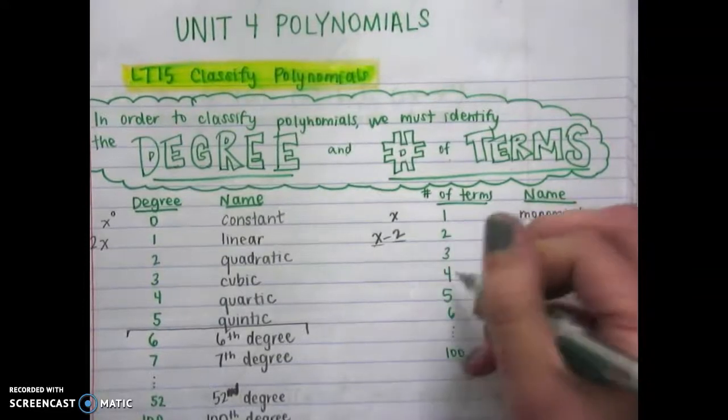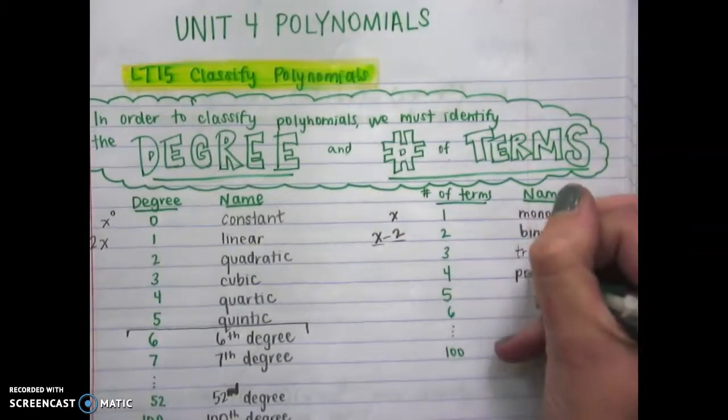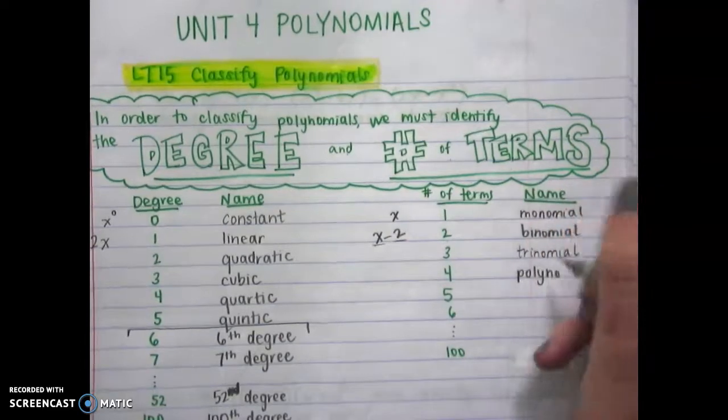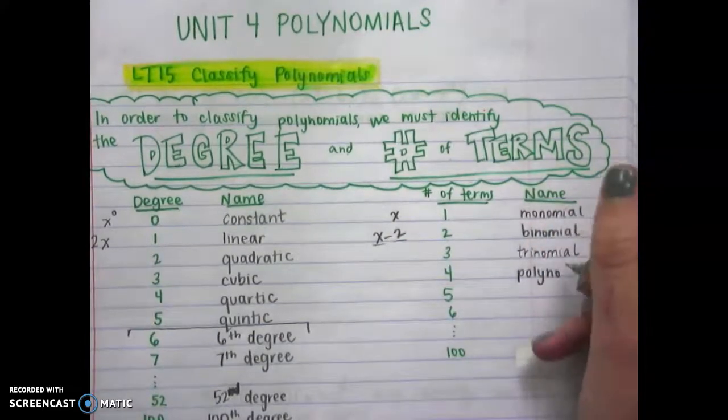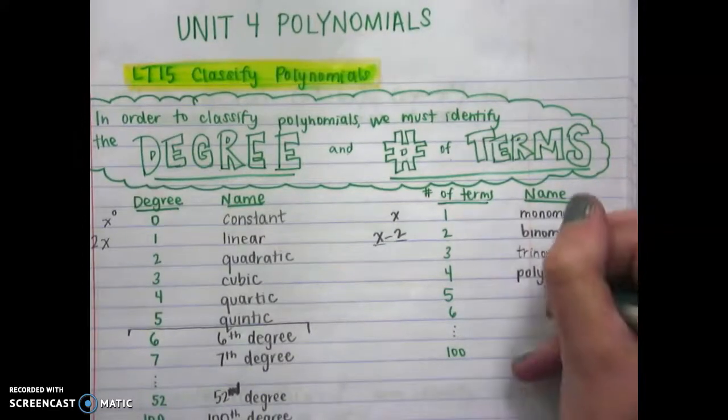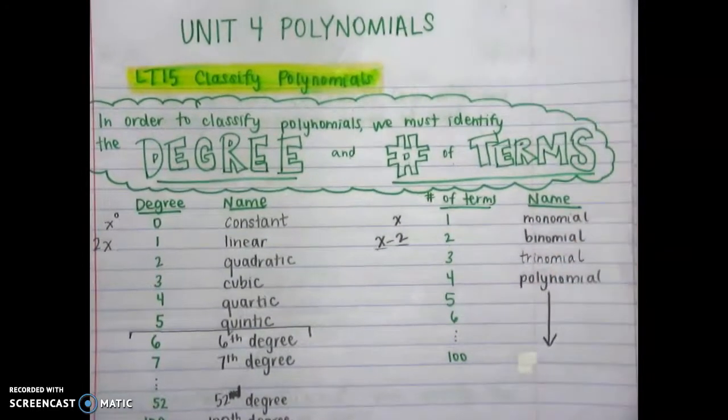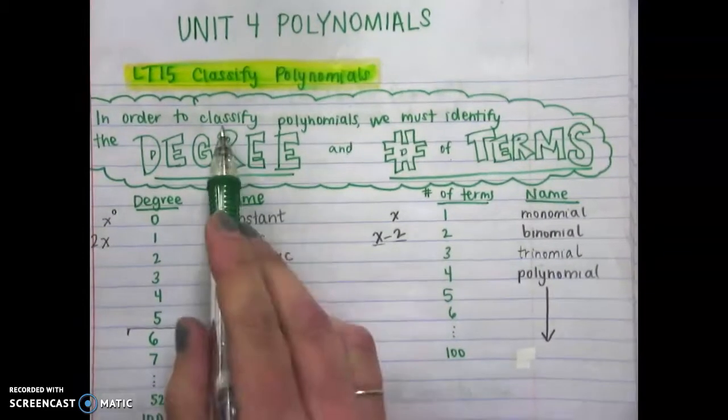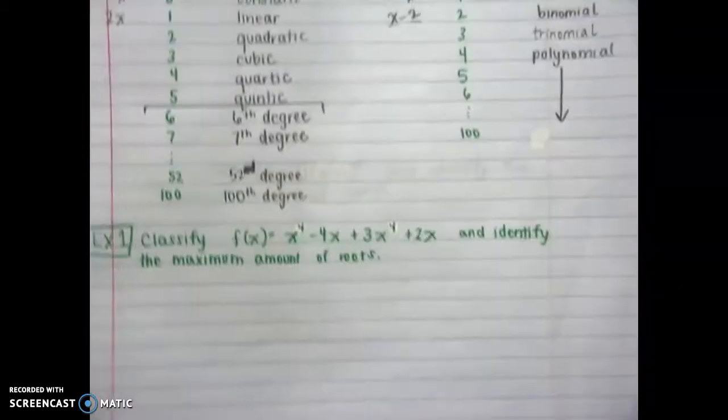And then everything after 3 is just called a polynomial. Poly meaning more than 3. Polynomial for everything else. We have 4 examples that we're going to work towards classifying, and here's the first one.